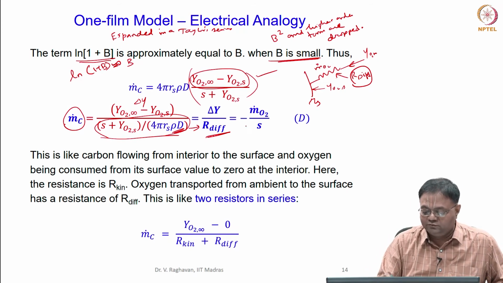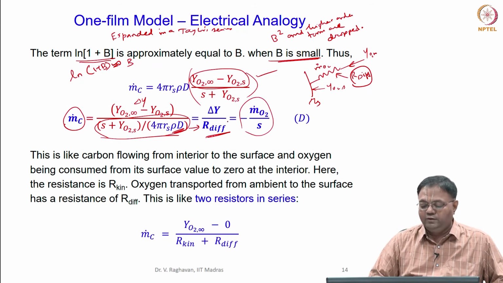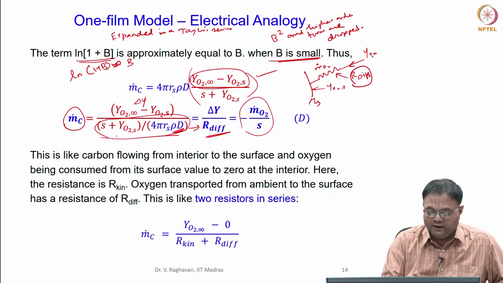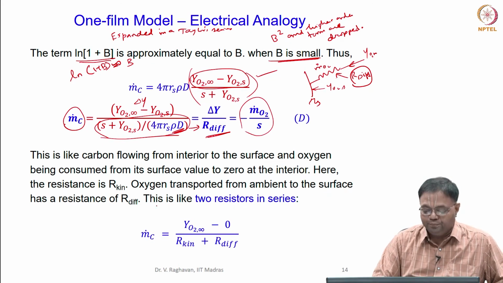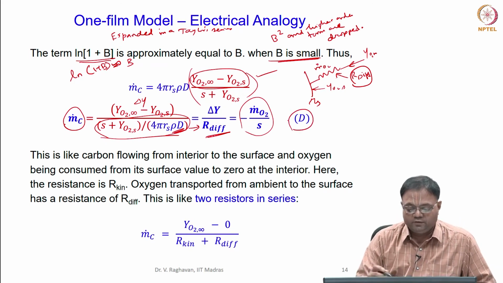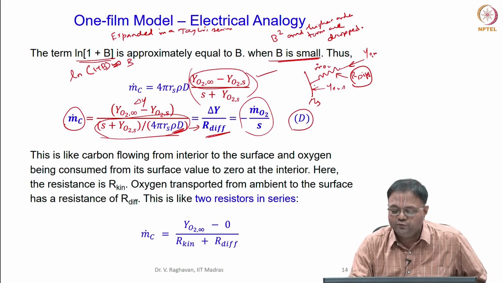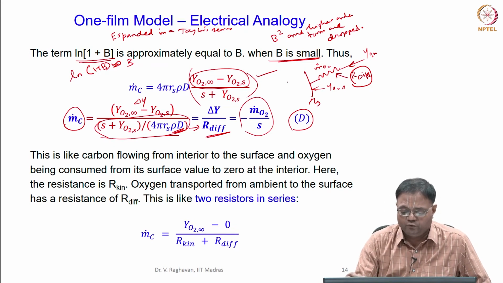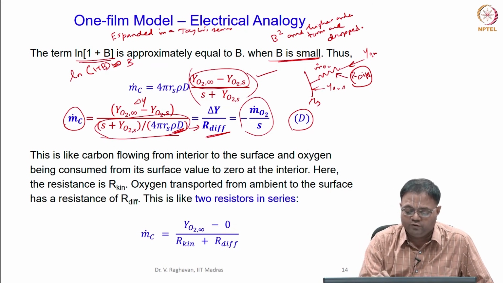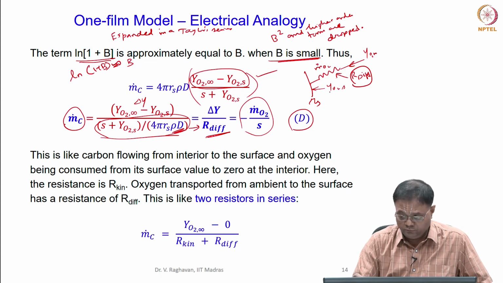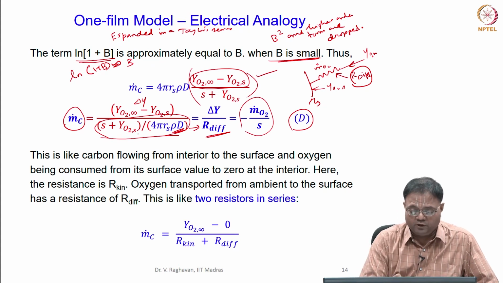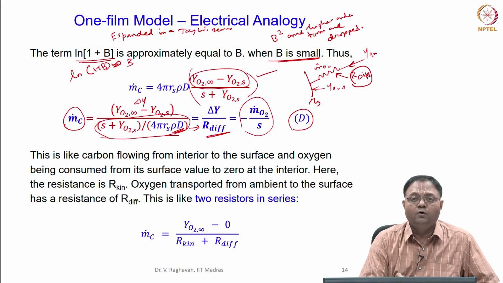So, we can write like this. This is going to restrict this. So, when I write the mass flow rate of carbon, we can write delta y by R diff. So, the equation is written for the gas phase diffusion, where the driving force is this delta y, YO2 infinity minus YO2S, divided by the resistance which is offered, that is s plus YO2S divided by 4 pi R S rho d.